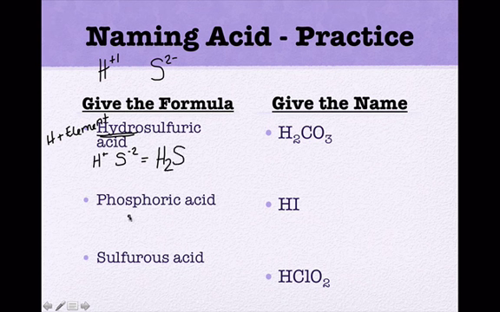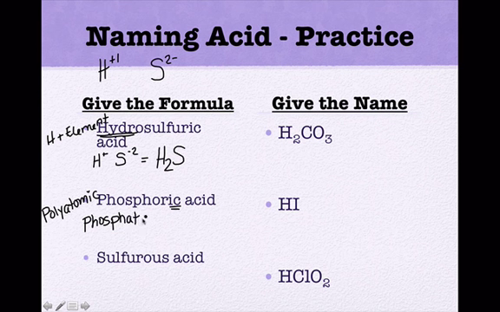Phosphoric, since there is no hydrophosphoric, what I know is that this must be a polyatomic because they did not use the prefix hydro. So I'm going to go to that anions list, and I have to remember that if it was ic, it came from ate. So this must be phosphate.